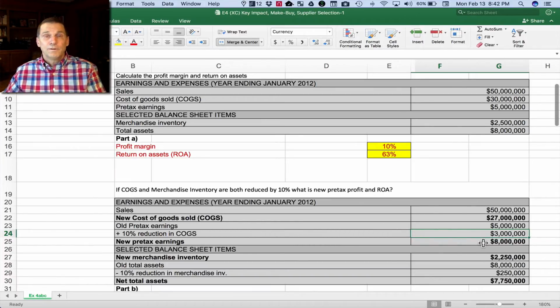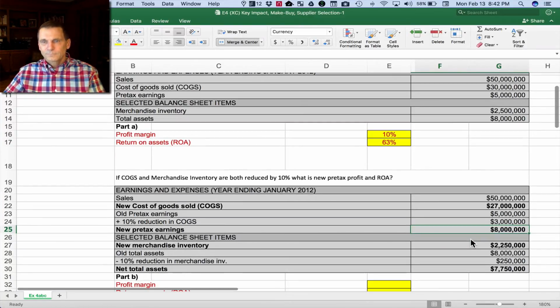Because it won't show up as cost. So we're just modeling this in short form and saying we'll add that into the profitability for this what-if model. So we would add in the $3 million, and we would see that our $5 million from the current situation would become $8 million if we were successful in negotiating this reduction with our supplier.